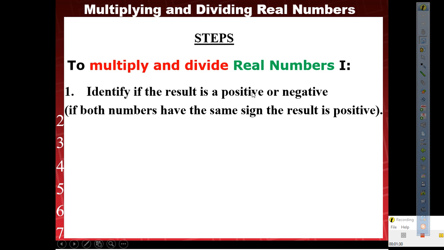Now, the reason why we're starting with step 1 being identifying if the result is a positive or negative, is because if you reflect back to your mathematical career before 8th grade, it probably happened to you maybe once that you were taking a quiz or a test, and you left really confident that you got 100%.